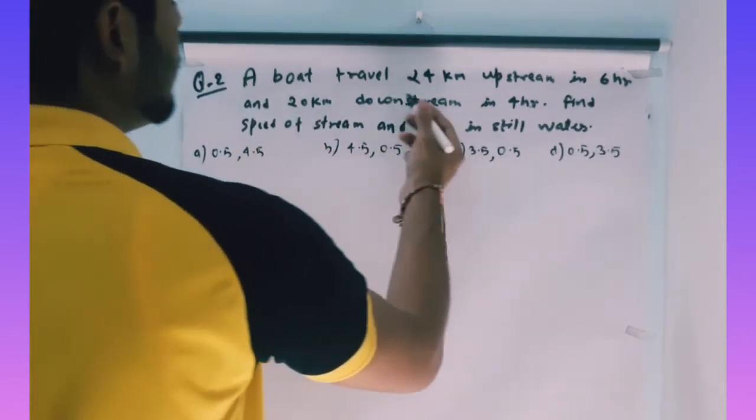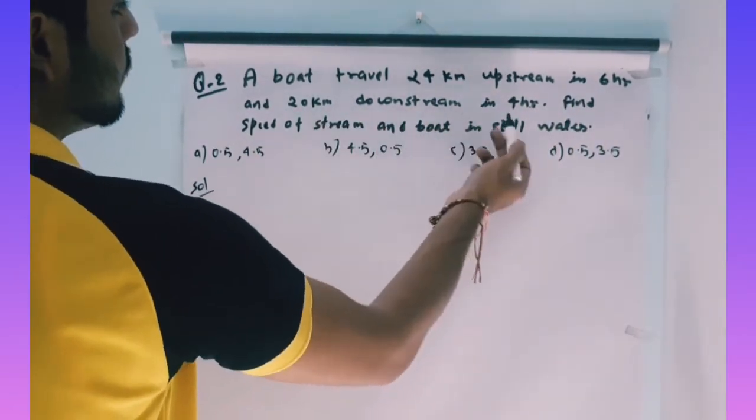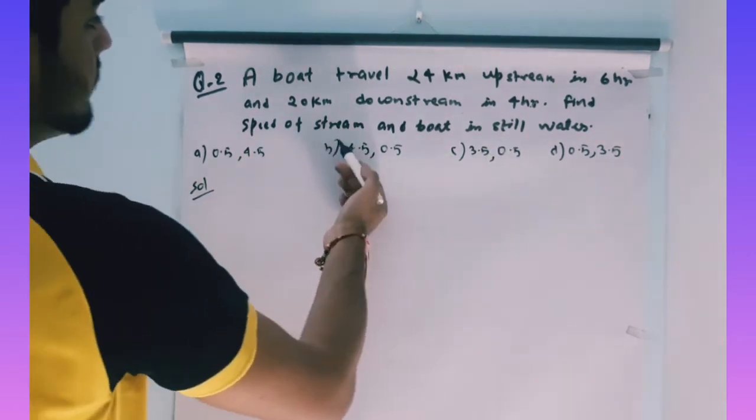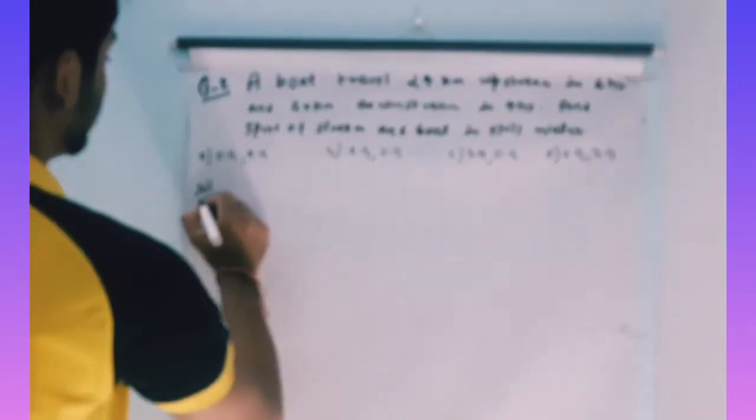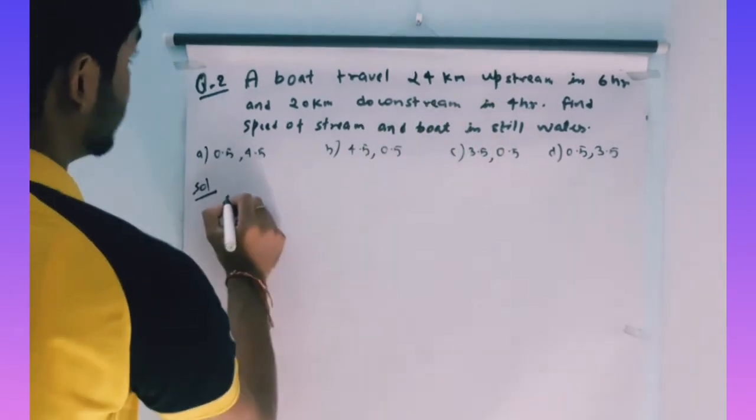Our next question is, a boat traveled 24 km upstream in 6 hours and 20 km downstream in 4 hours. Find the speed of stream and boat in still water. Now first we given that the 24 km upstream in 6 hours.